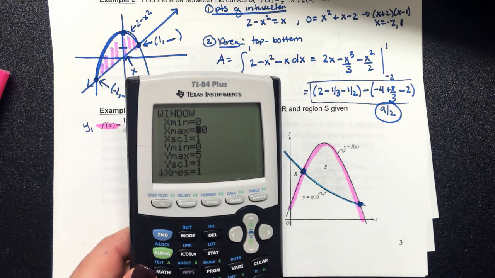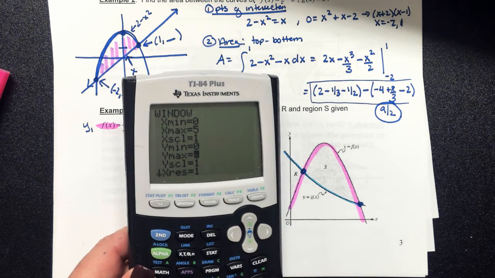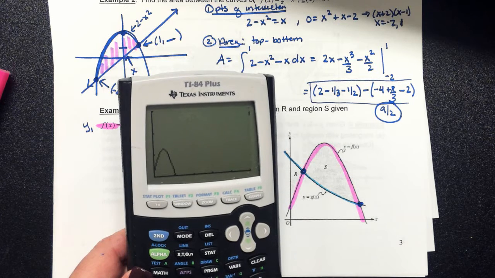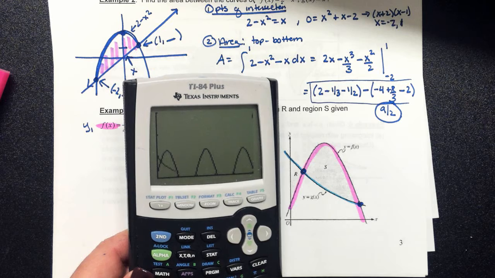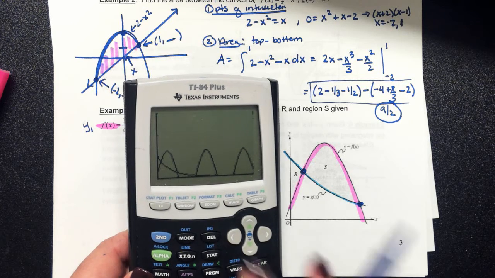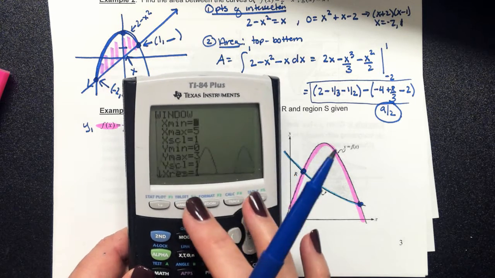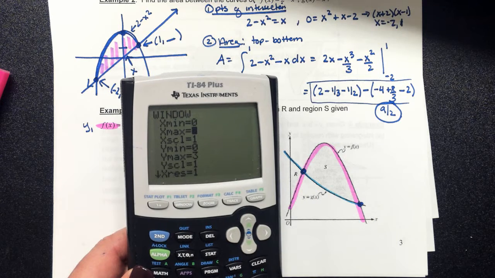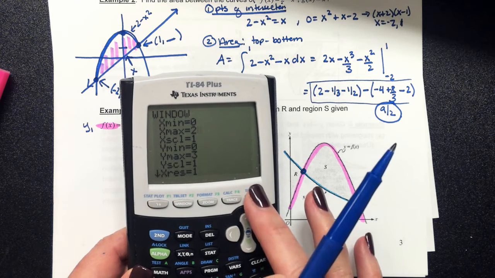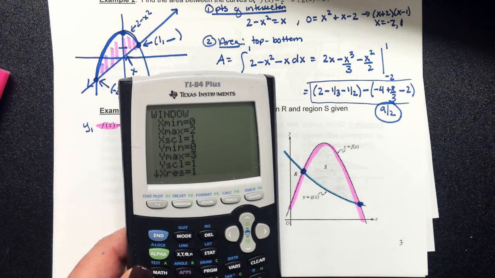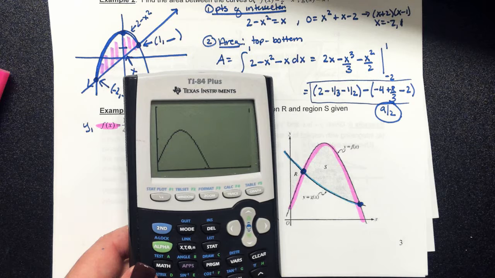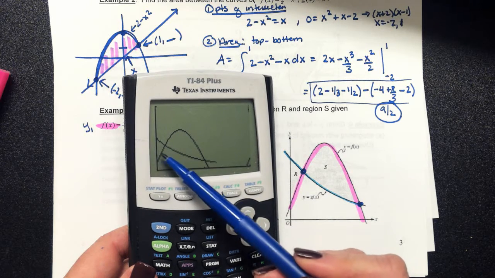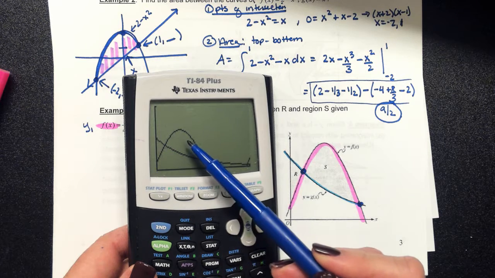I want to take this down to a 5, and this to maybe a 3. I could probably make it a little smaller just to help me. See what that does. That's a little better. So on my calculator, this is my region R, this is my region S.